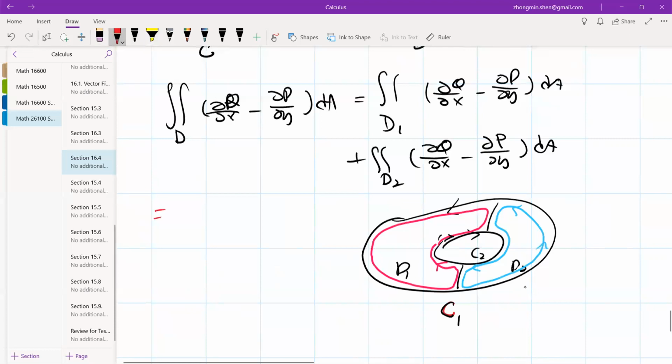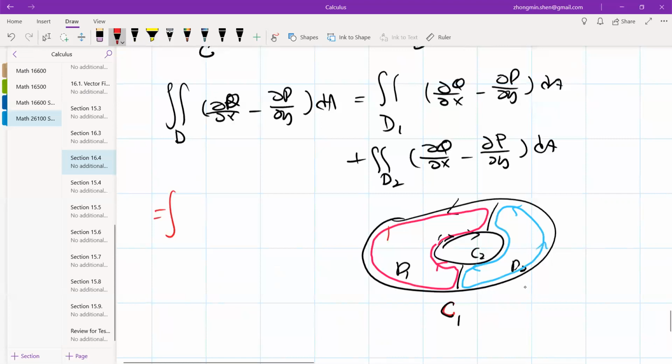So according to Green's theorem, this is going to be the line integral. I'm going to denote this curve, not with C1 because C1 is already used, right? So let's use a different notation for the closed curve in red color, okay?